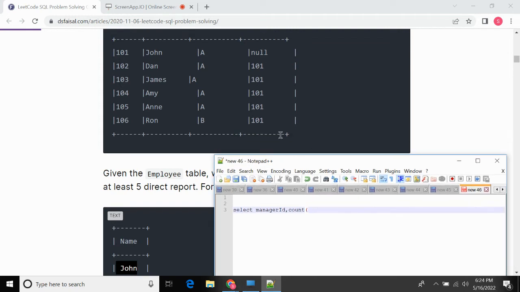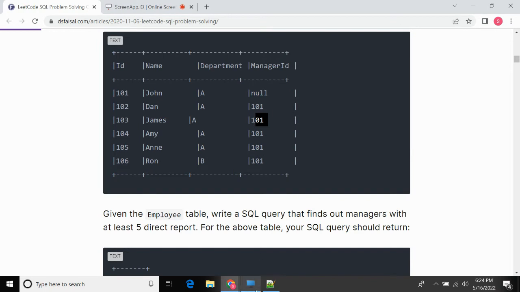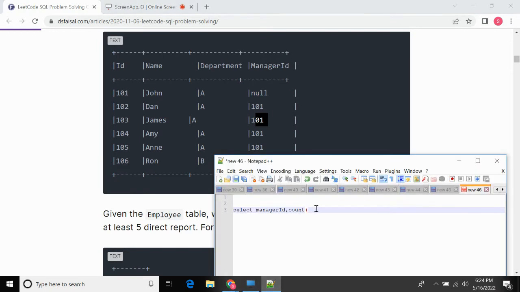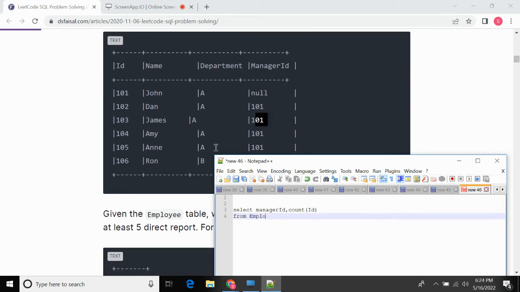First you just count the total number of manager IDs present in this particular table and group it by manager ID. From what is the table name? Employee. Group by manager ID.